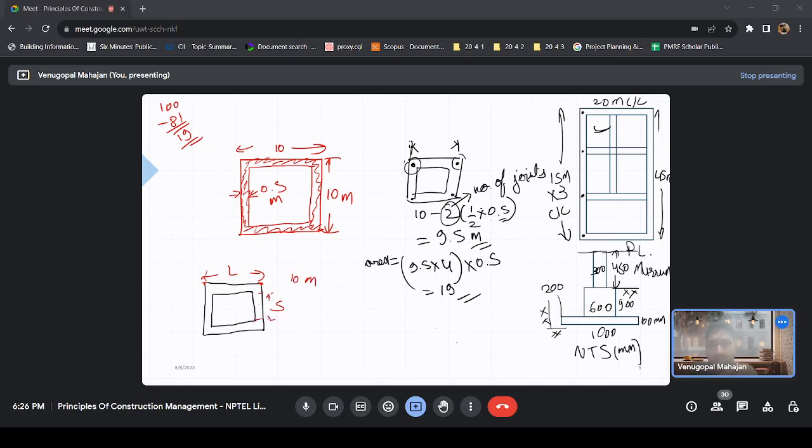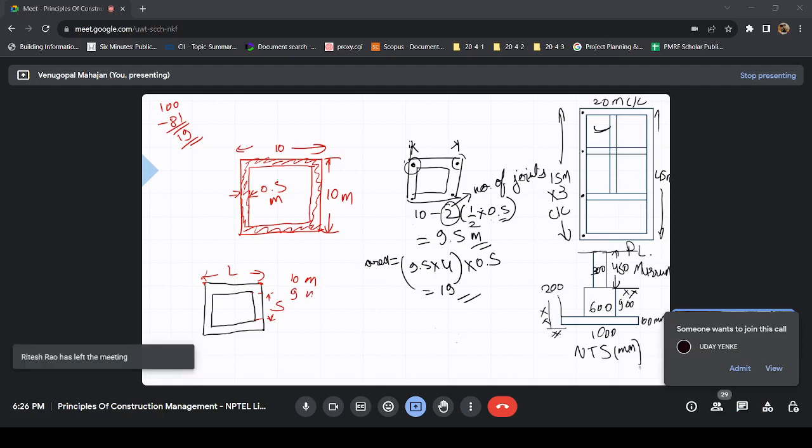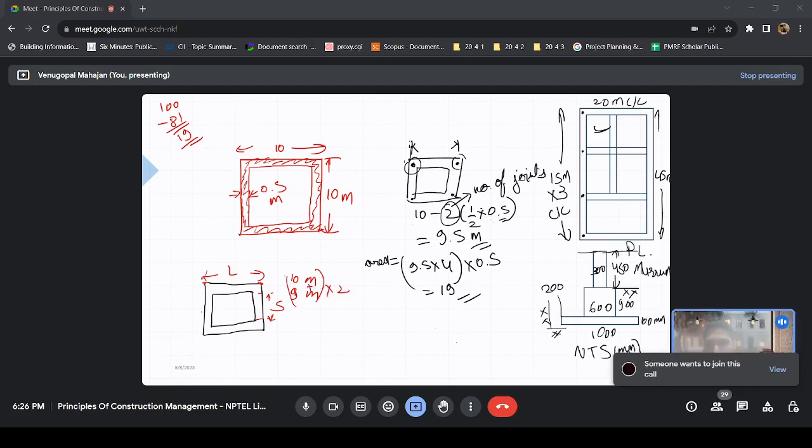What would be the inner dimension in this case? 9 meter. So into 2 for both long wall and short wall, into 0.5, again we get 19, right?